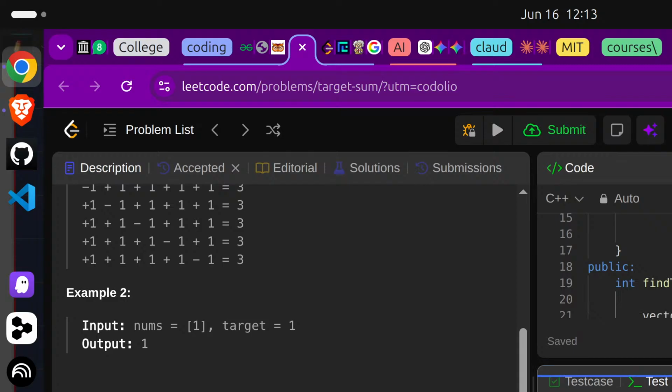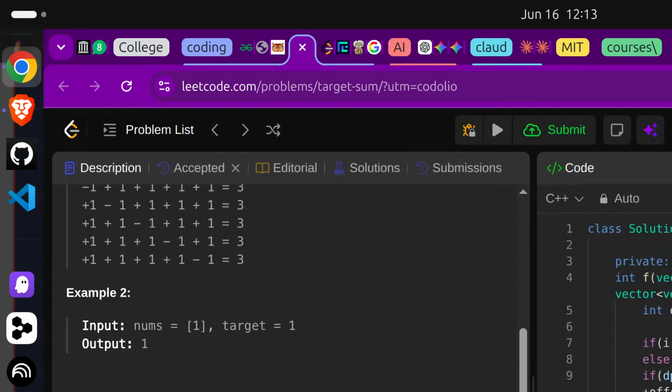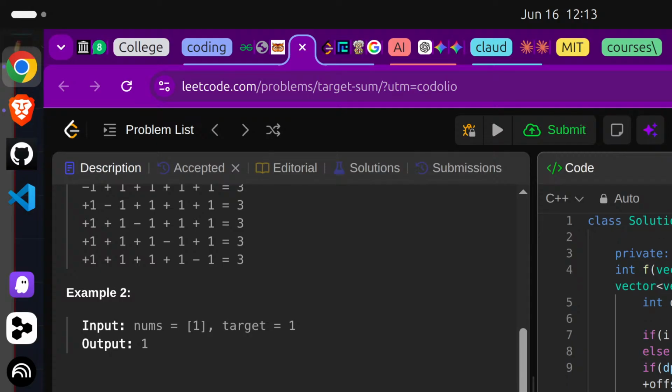What is comparison amount? What is amount? What is target? There is no amount. Right? Okay. Wrong answers all over. 2 is okay. Output is 0.